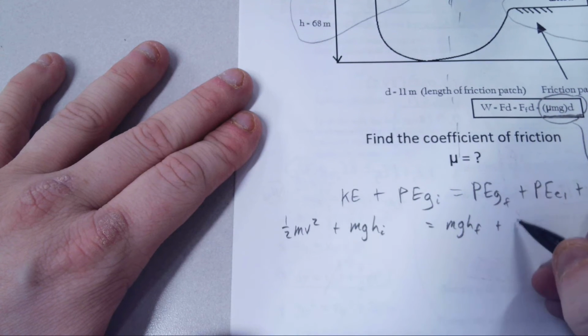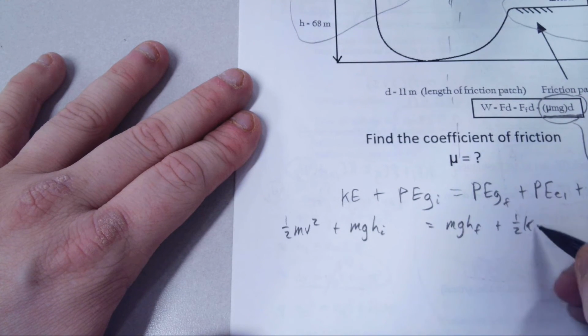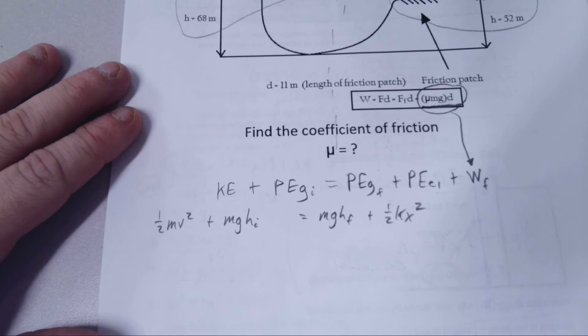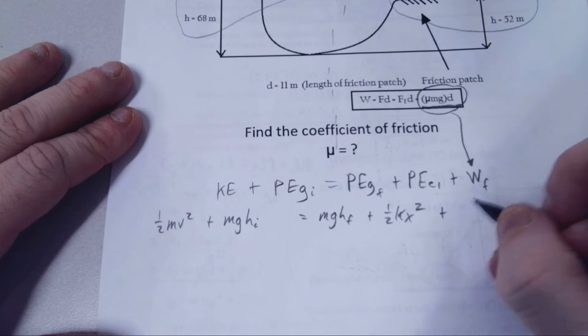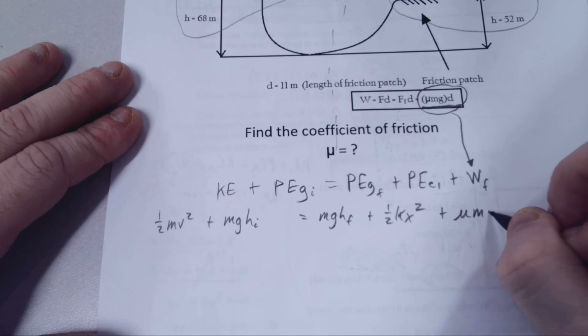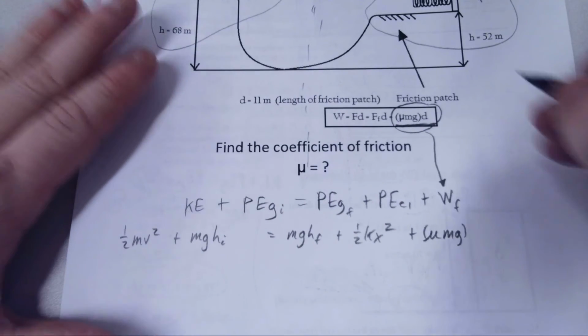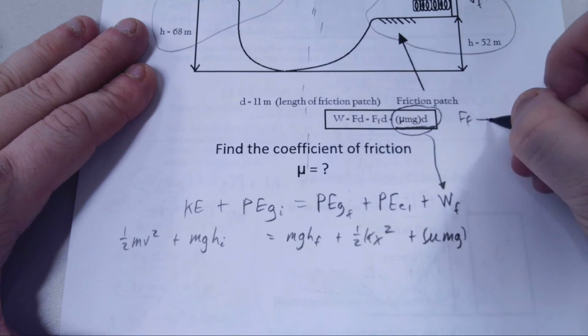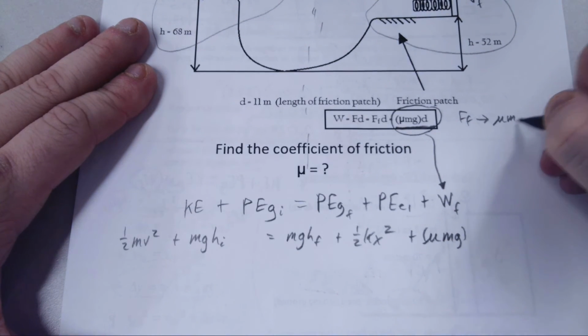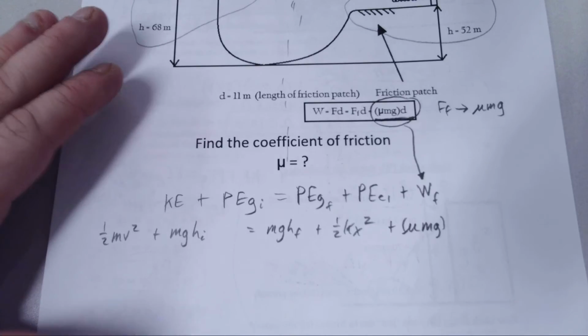And if you're like, I don't want to write it out blank, well, this is my 5th time doing it, so I get that. When I put that mu mg into parentheses, the force of friction is the part that is equal to mu mg, as long as it is flat ground, then we can use that.